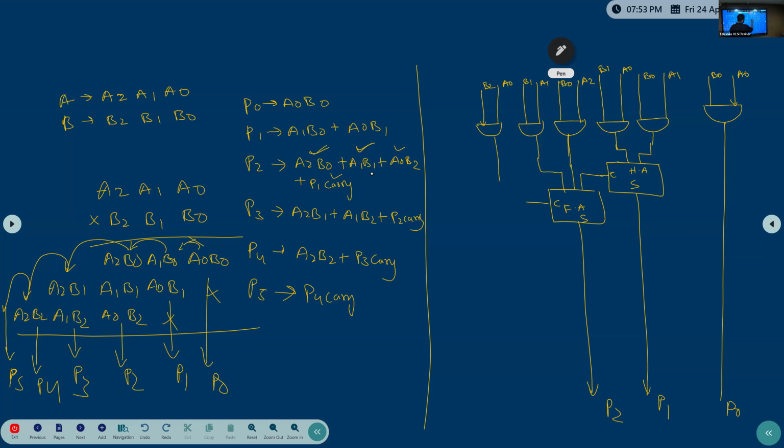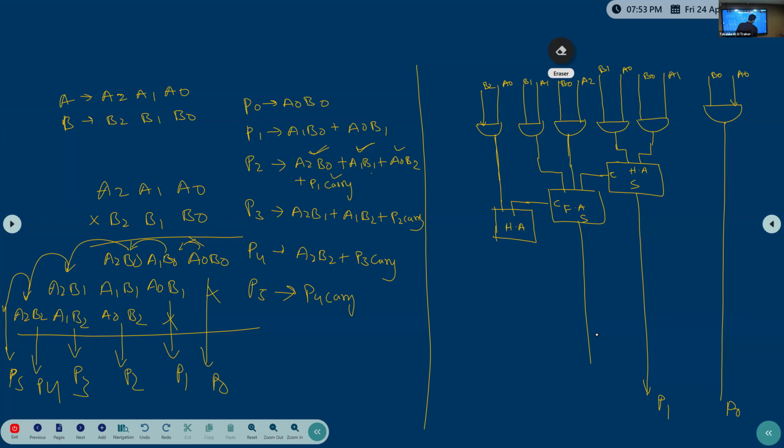Now this carry is there, this carry and this one. To whom do I need to give? Half adder? Two bits only, right? Sorry, wait. This is wrong.